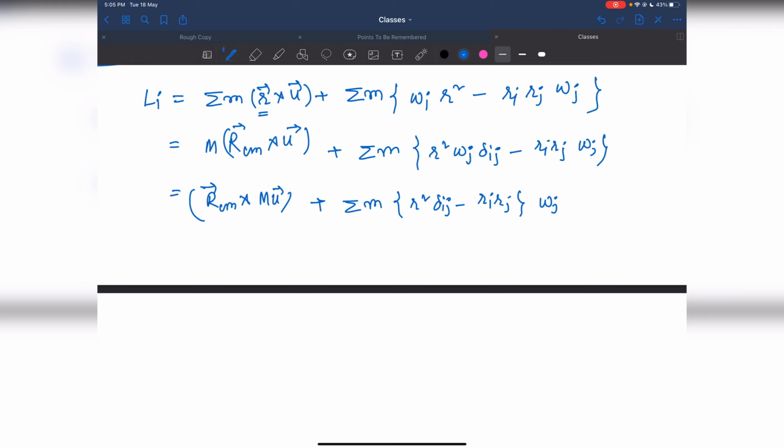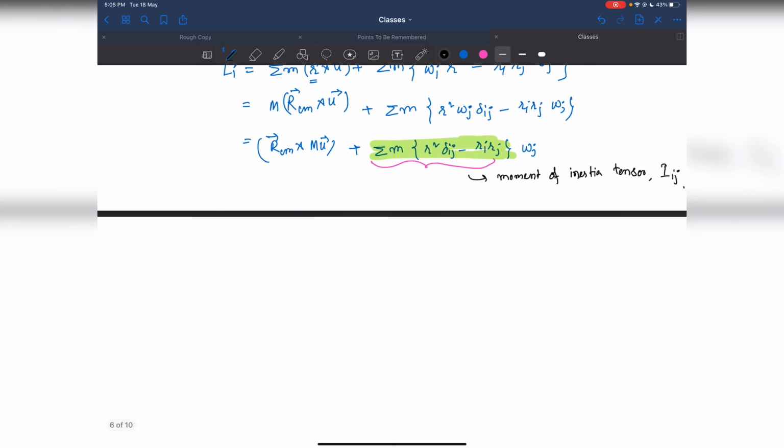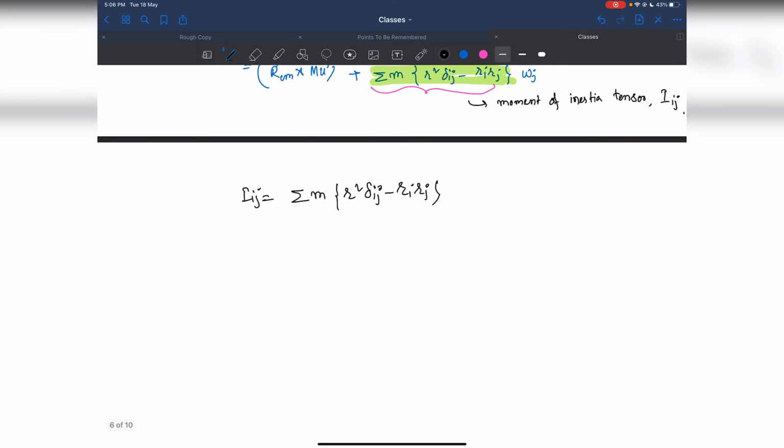Now this term is called the moment of inertia: Iij is the summation of m (r square del ij minus ri rj). So that is the formula for moment of inertia.